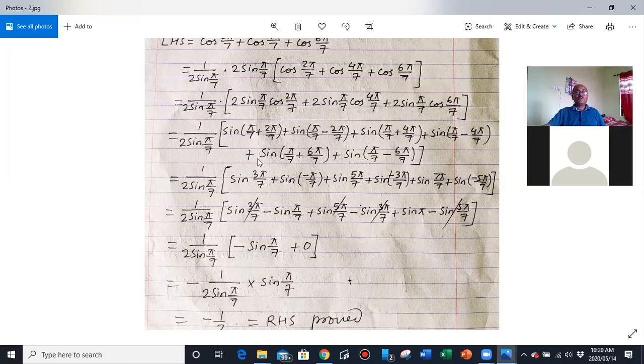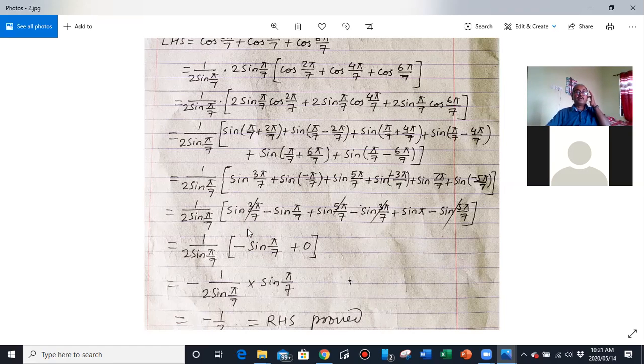Now simplify. Sin (pi by 7 plus 2 pi by 7), 2 pi plus pi, it will be sin 3 pi by 7. Here this difference will be sin minus pi by 7, plus sin (4 plus 1), 5 pi by 7, sin, this difference is sin minus 3 pi by 7, plus this sum is sin 7 pi by 7, plus sin minus 5 pi by 7.